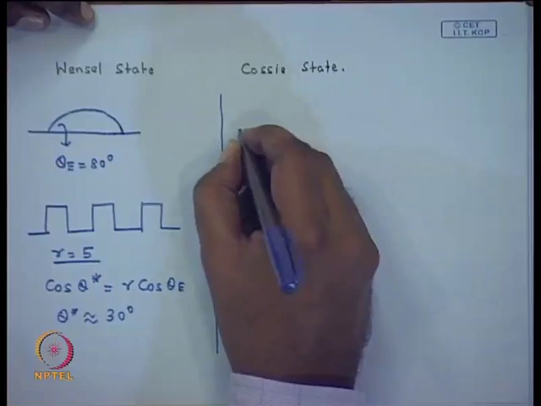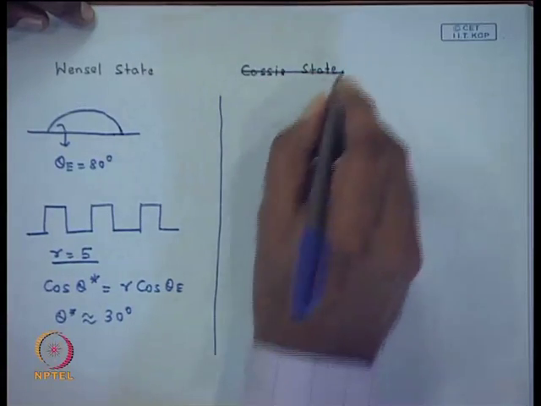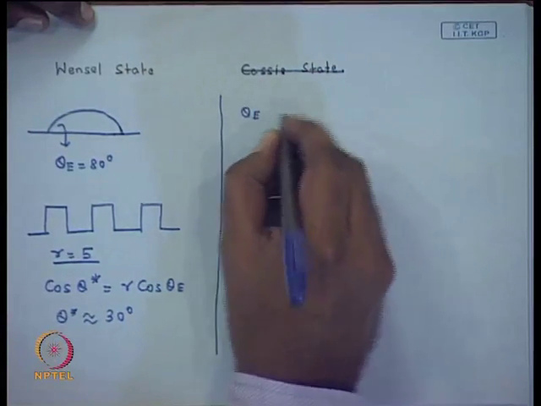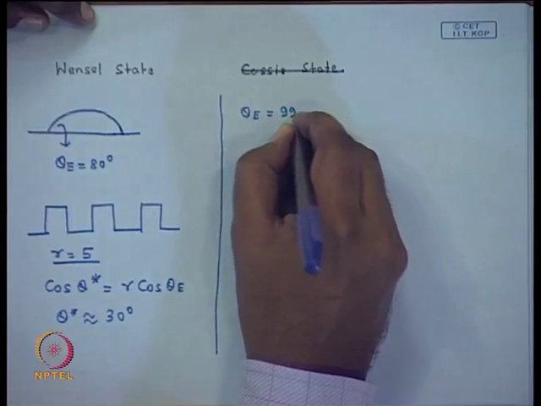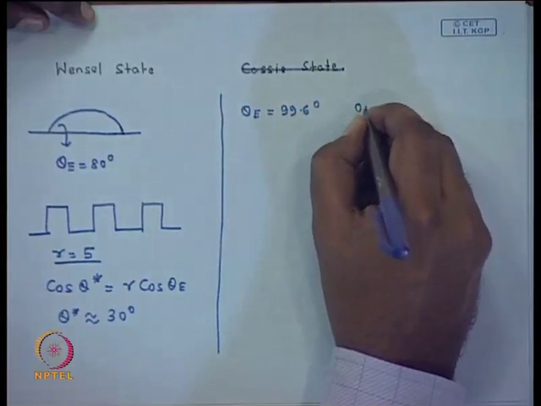In contrast, let us say we have in the Wenzel state another system where theta e is close to 100 degrees on a flat surface.